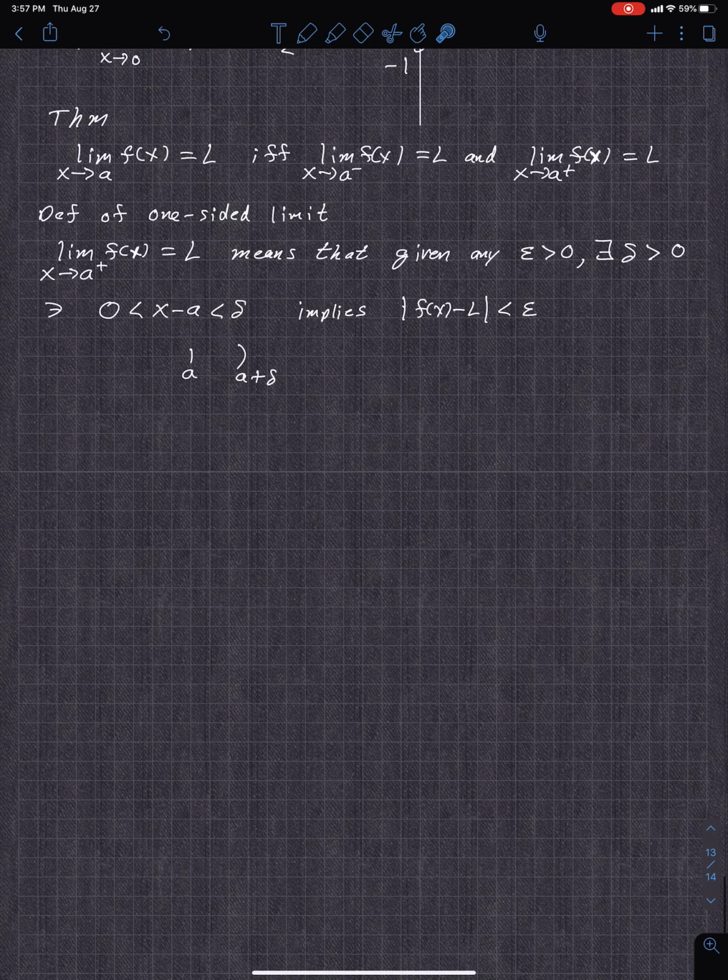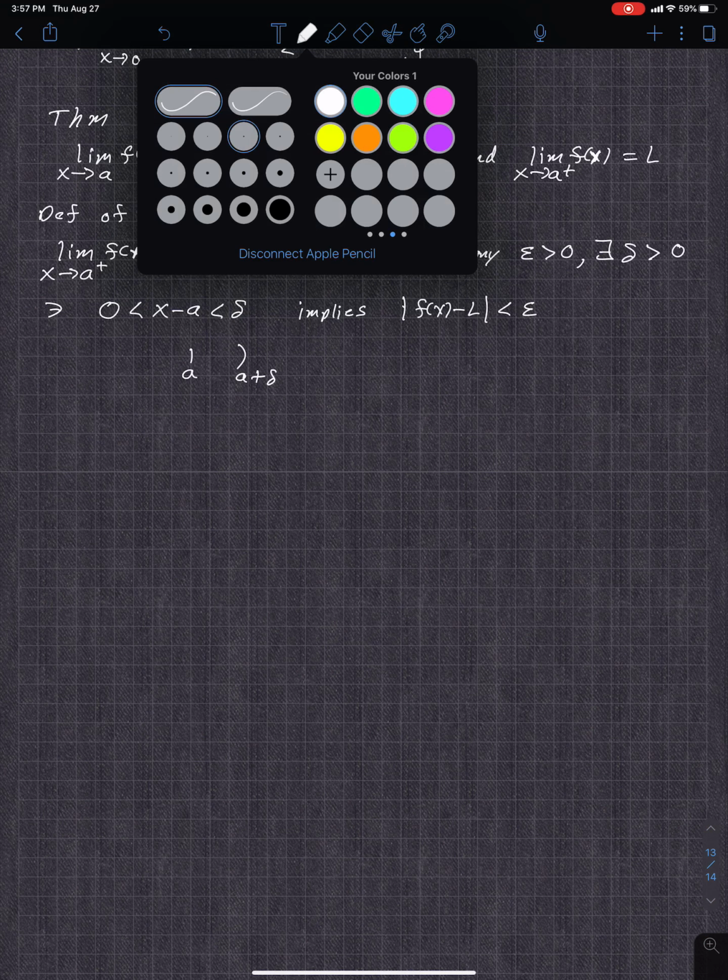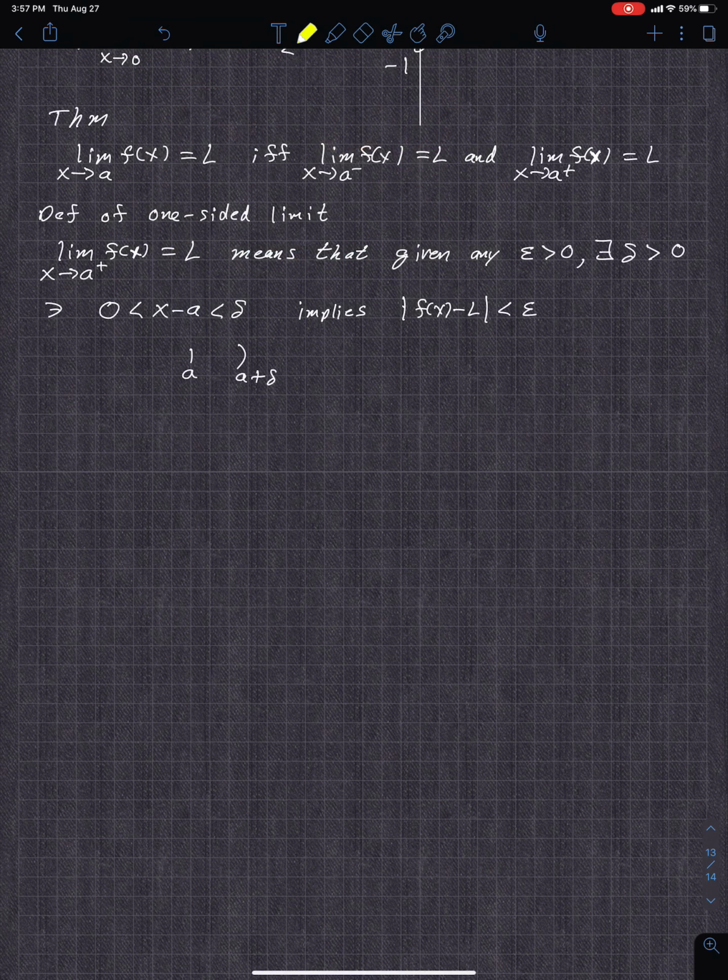Okay, and then similarly, let's just put in the other case, but I won't write it all up. If this is on the left, we'll do it in yellow. Then you say 0 less than a minus x.